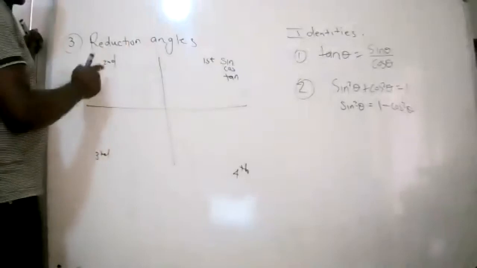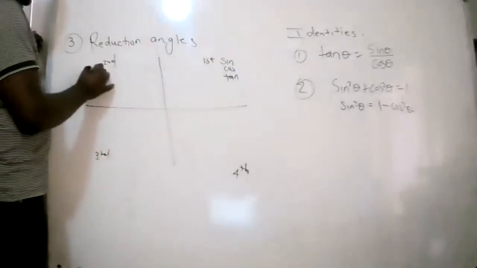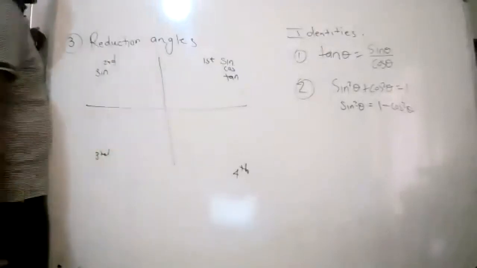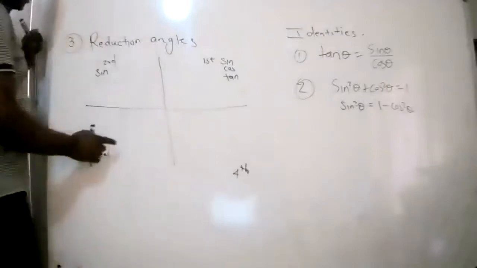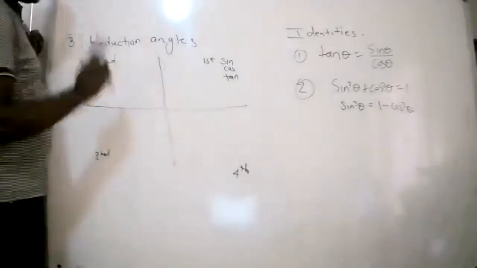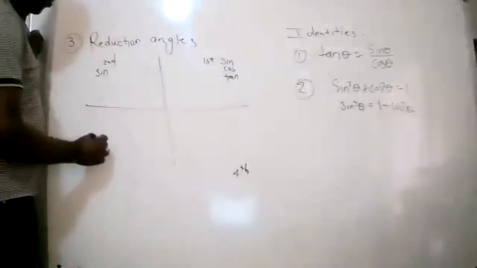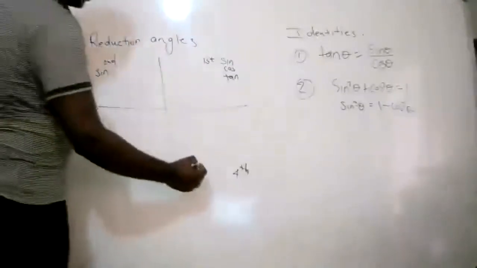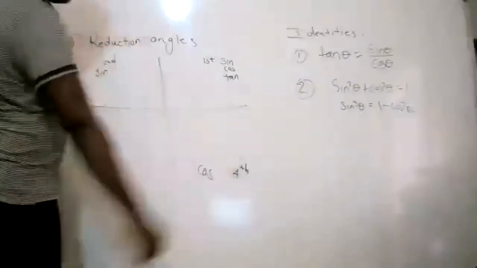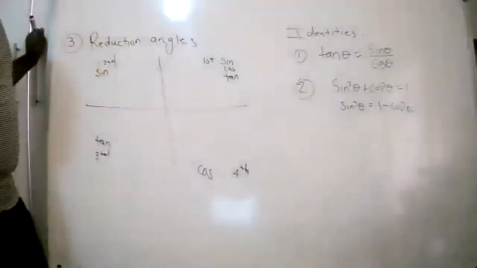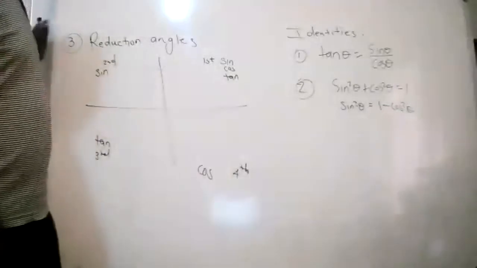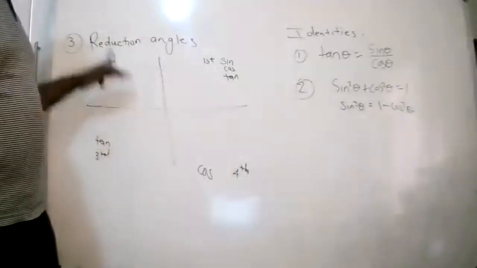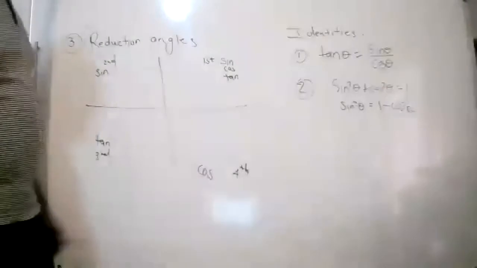Which trig ratio is positive on the second quadrant? It is the trig ratio of sine. And then on the third quadrant, again only one trig ratio is positive, and that trig ratio is tan. And then on the last quadrant, only one trig ratio is positive, and that trig ratio is cos. So this you must not forget. It's all about the reduction angles.